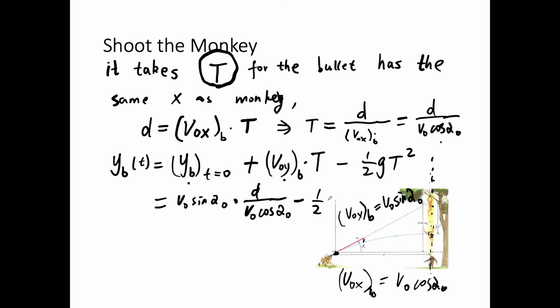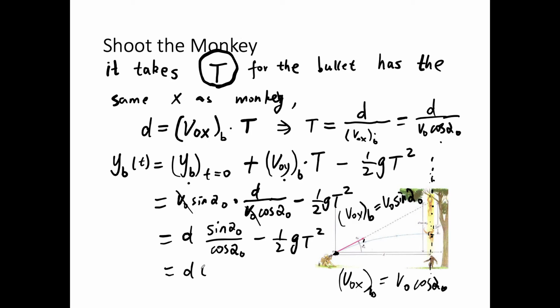Subtract 1/2 g t squared. So we have v0 here, which cancels. d sine alpha 0 divided by cosine alpha 0, subtract 1/2 g t squared, which is simply d tan alpha 0, subtract 1/2 g t squared.